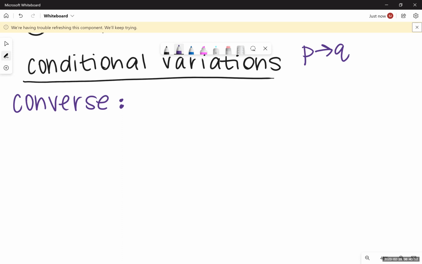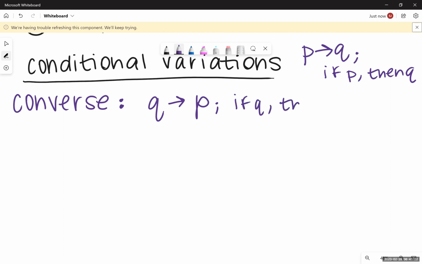The converse variation of the conditional is if Q, then P. Let me write this here, y'all, because I want to keep my notes as much the same as possible. This is the conditional, and it is read if P, then Q. This one right here would be read, just to keep everything the same, if Q, then P.